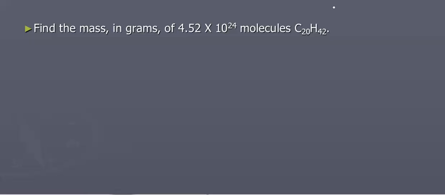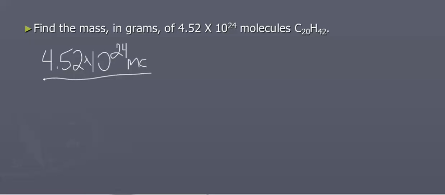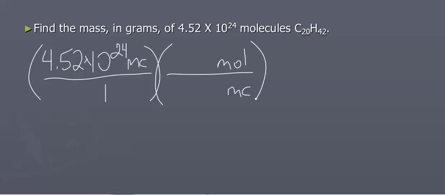Okay, next example. We have 4.52 times 10 to the 24th molecules of a compound, and I want to know the mass. I can't go directly from molecules to grams, but I can go from molecules to moles, because in 1 mole there are 6.02 times 10 to the 23rd molecules, Avogadro's number.